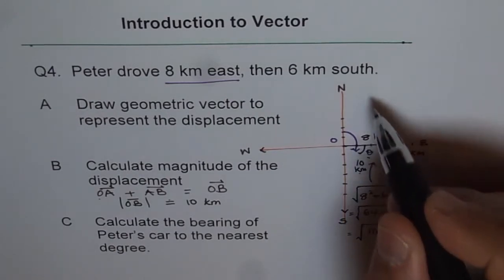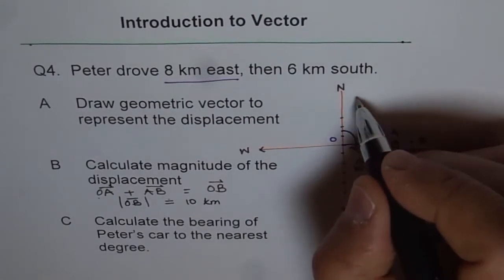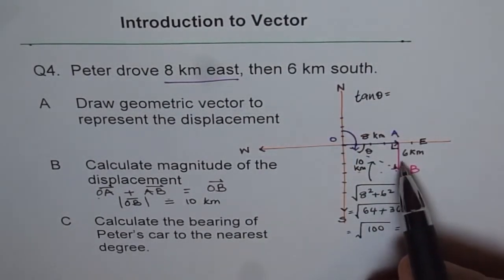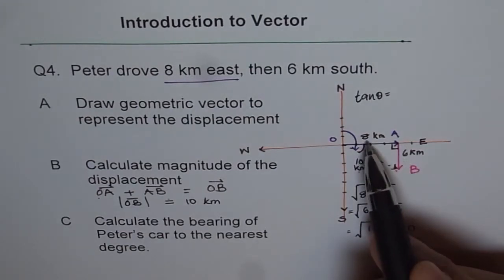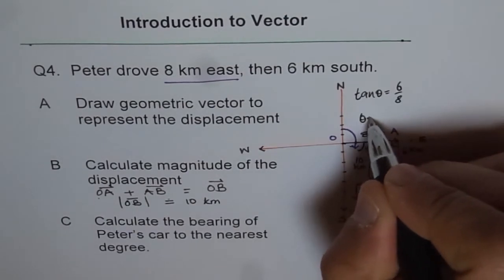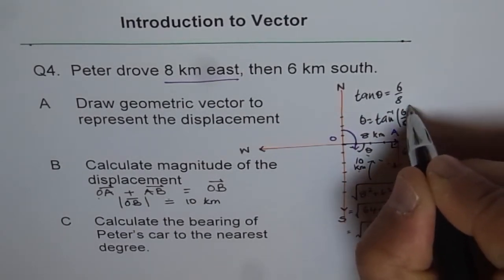So tan theta is equal to opposite, which is 6, over adjacent, which is 8. So theta equals tan inverse of 6 over 8, right?